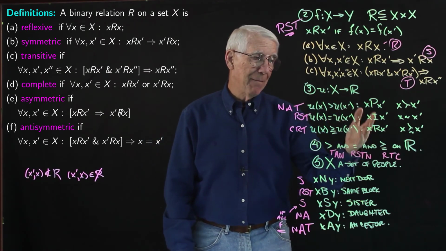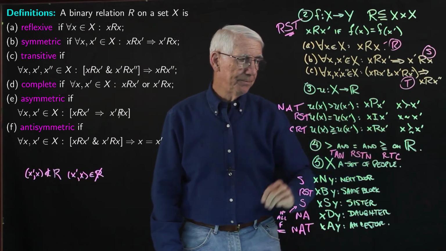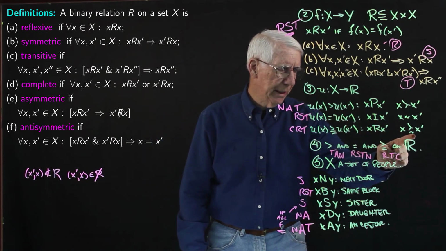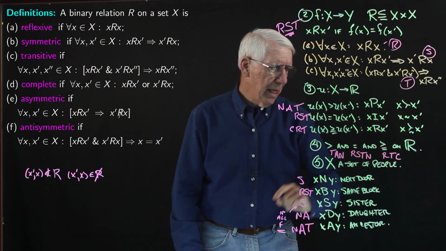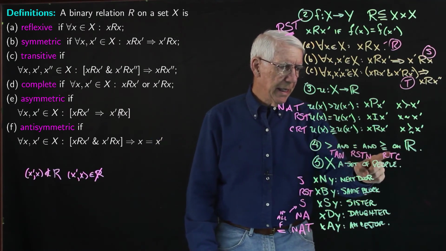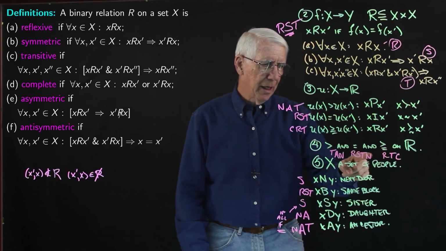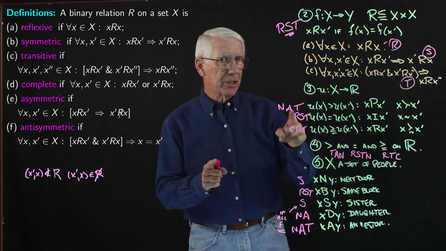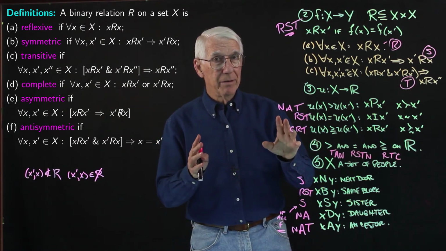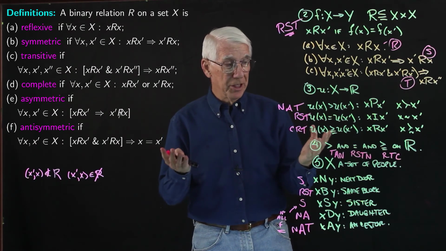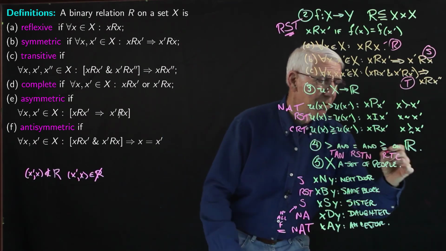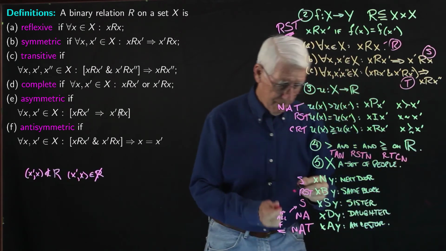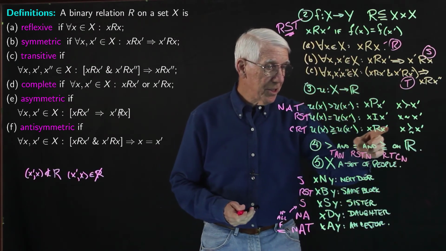And the same is true here for this relation and this relation. This relation is antisymmetric because if x prime is greater than or equal to x and x is greater than or equal to x prime, then x and x prime have to be equal, have to be the same element. So this is antisymmetric. But this is not antisymmetric.